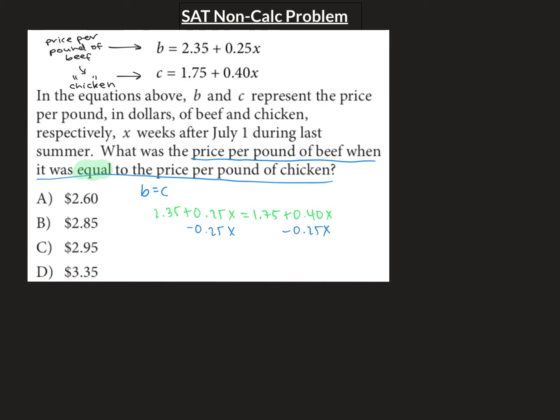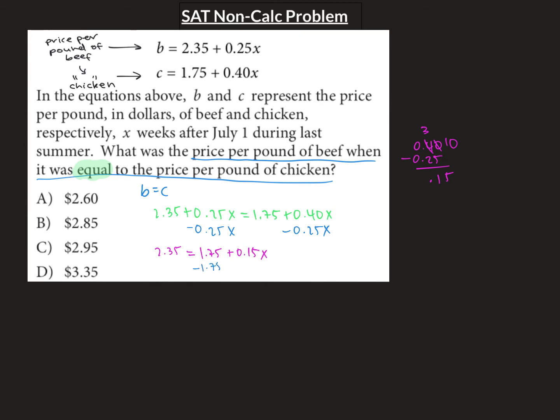So now our new equation is 2.35 is equal to 1.75, and then 0.40 minus 0.25, you get 0.15. So plus 0.15x.